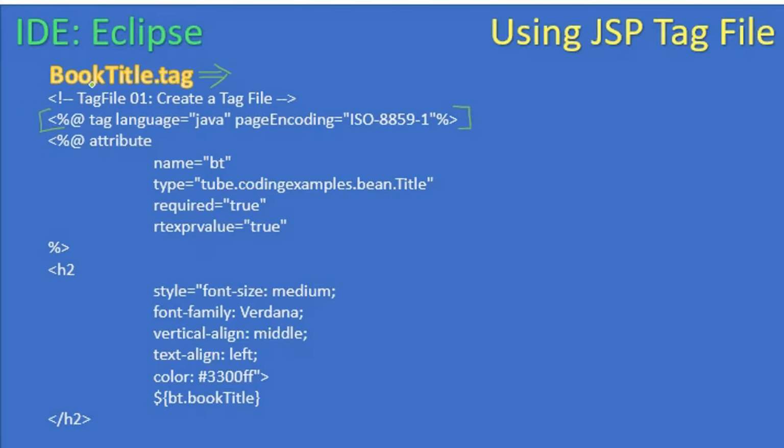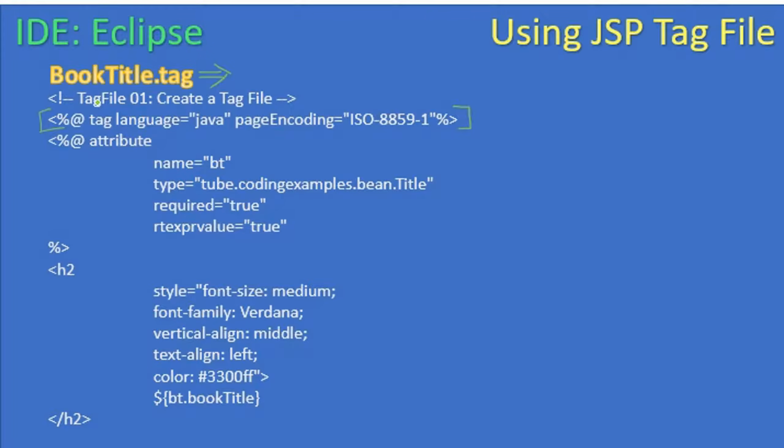Here our tag is booktitle.tag. So we should have used book titles, but that's okay. Here we define booktitle.tag because here our goal is to represent a single book title. We are going to use it for printing a specific title, I mean one book title, we can say.